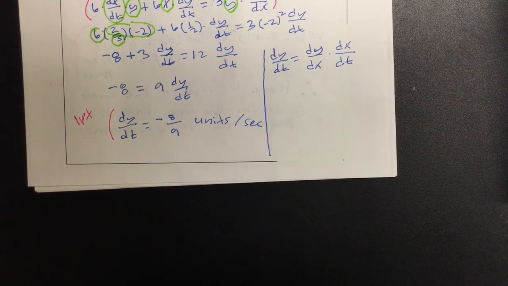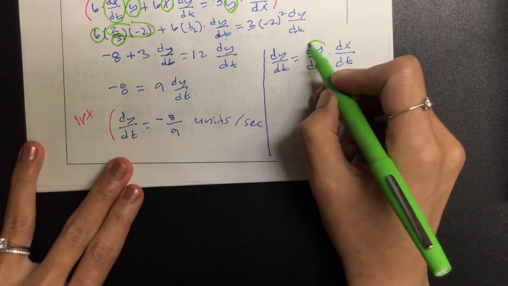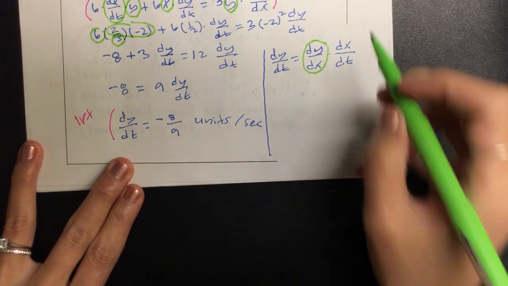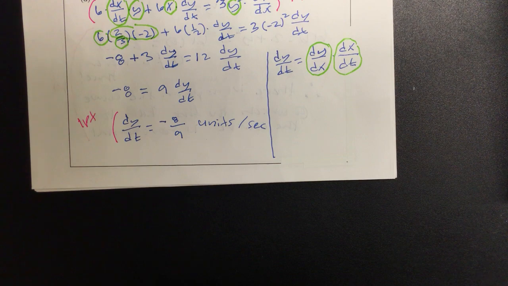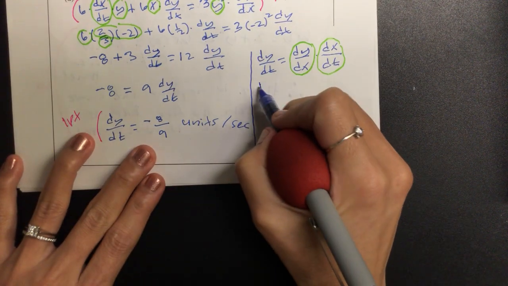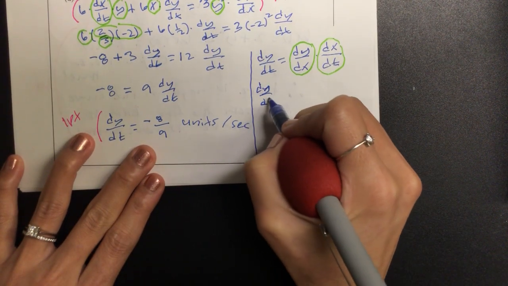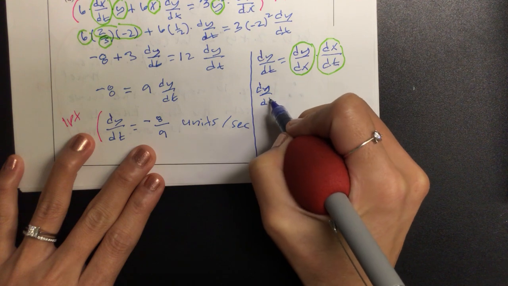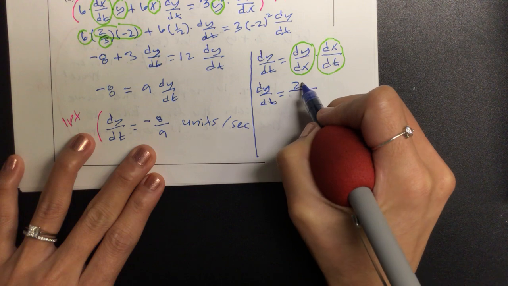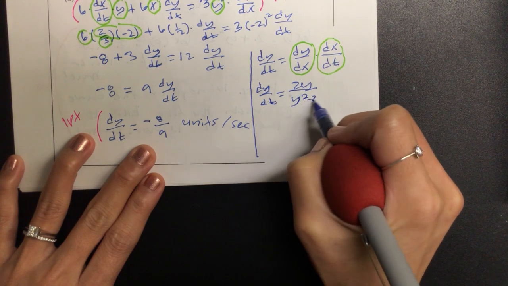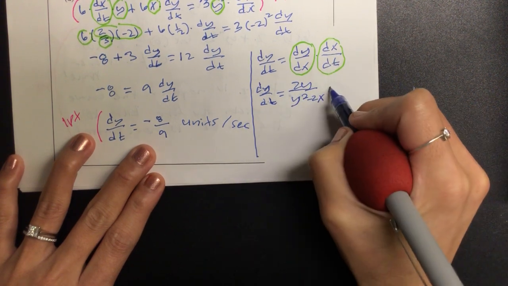If you see that relationship, you're pretty much good to go, because dy over dx was given to us, and we also know dx over dt, which is 2/3. So let's plug it in. This one involves less work. So dy over dt, which is our goal, was our fractional value given, 2y over y squared minus 2x, times 2/3.